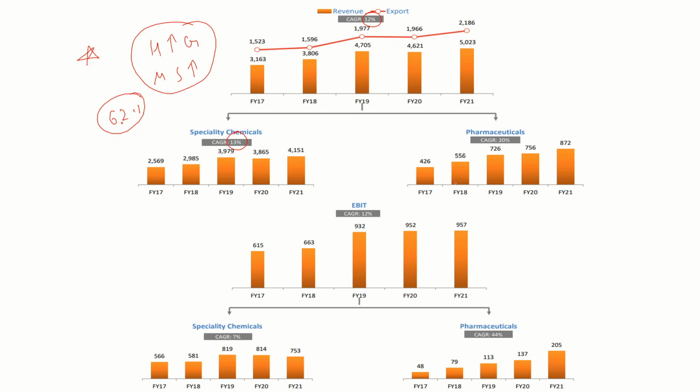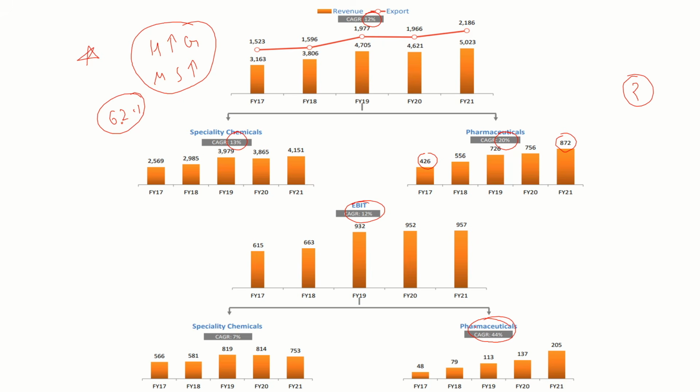And the pharma business is slightly in the question mark category of that BCG matrix, but look at their growth, 20%. Though I understand the base is really small, 20% growth is no joke. We'll see their EBIT margins were also expanding by 12%. If you look at the EBIT of the pharmaceutical business, it has grown by 44%, right?